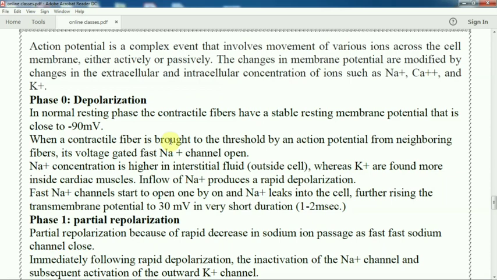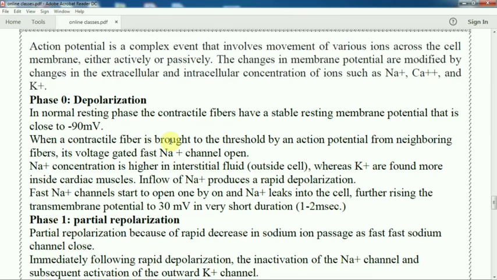So inflow of sodium produces rapid depolarization. The sodium channels open and sodium enters the cell, raising the transmembrane potential to about 30 millivolt in a very short duration, 1 to 2 milliseconds.